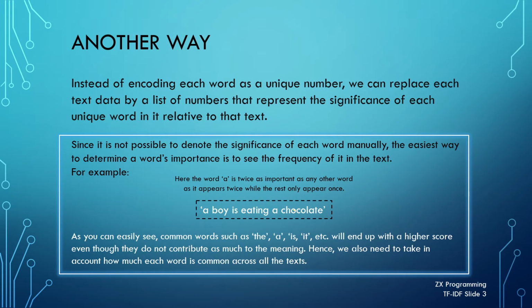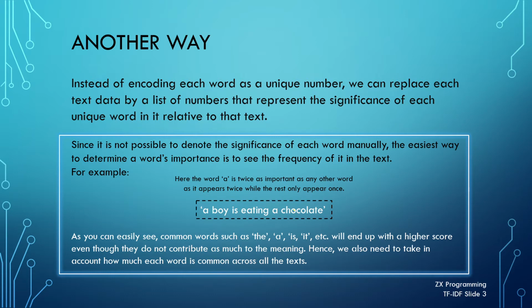Another way of encoding text data is to encode each number not by a unique ID, but by a number that represents the significance of that word in the text data. Since it is not possible to denote the significance of each word manually, the easiest way is to determine a word's importance by looking at its frequency in a single text data.